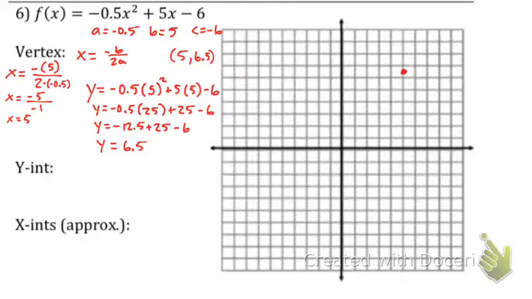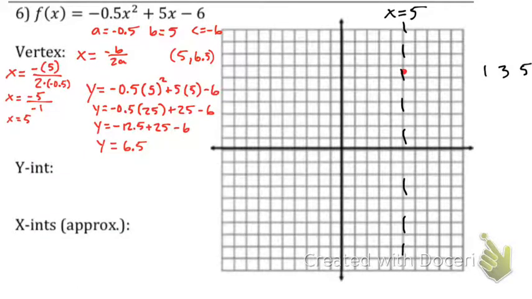Okay, there's my vertex, and now we're going to do the axis of symmetry. There's the axis of symmetry, which has an equation of x equals our x value in the vertex, which is 5. And then we're going to graph using the 1, 3, 5 rule.